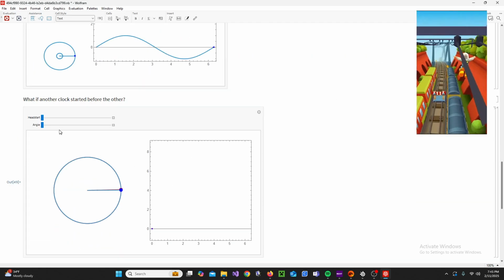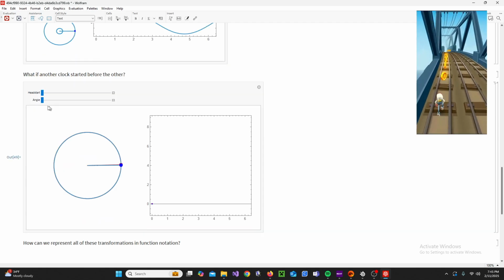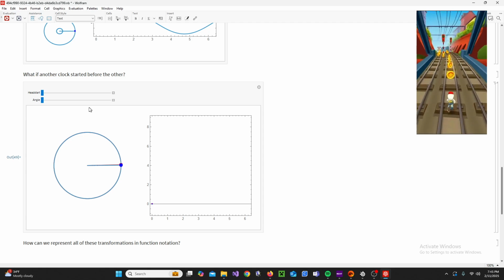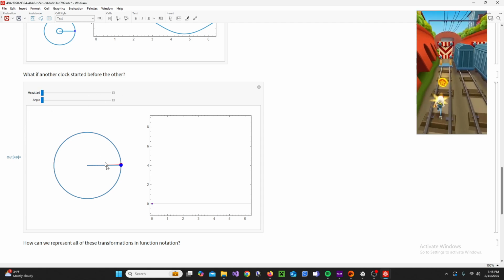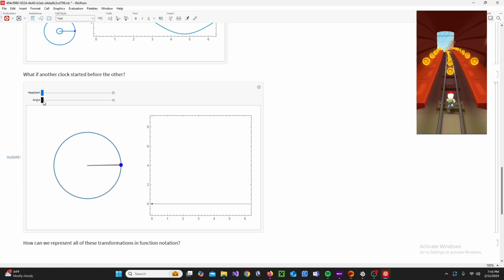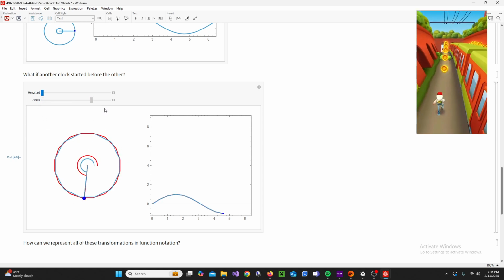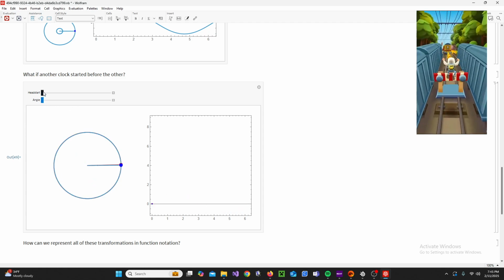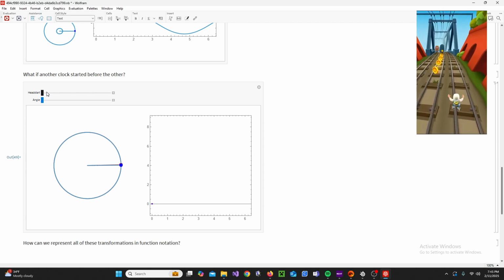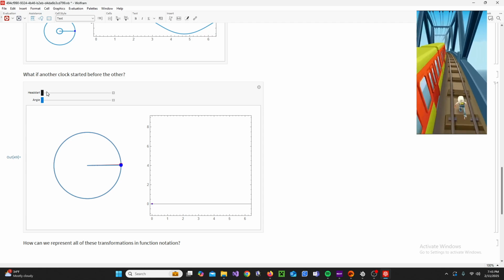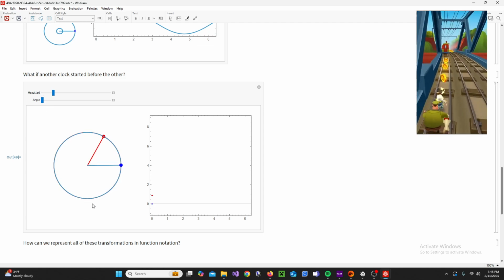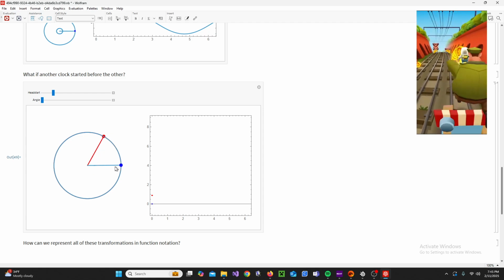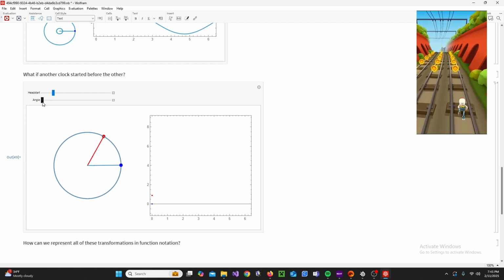So what if another clock started before the other? This is my last question. Normally this is the blue clock that we saw before, and again it traces its path out. But what if I tweaked the clock and ended up with the red one having a head start, so that it's starting over here instead of in standard position?